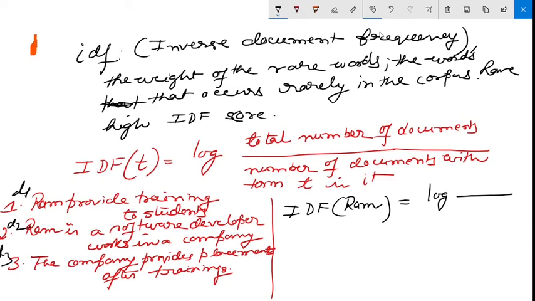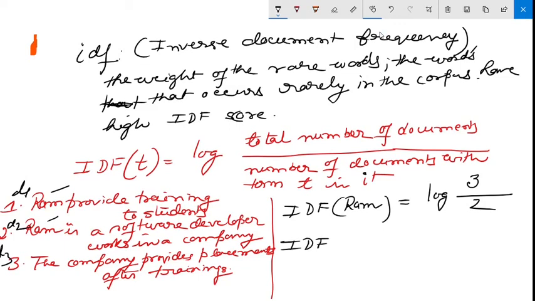Let's do it with 10, then we'll see 2. So the total number of documents is 3, and the number of documents with term RAM in it is nothing but 1 and 2. So IDF of RAM is this much.